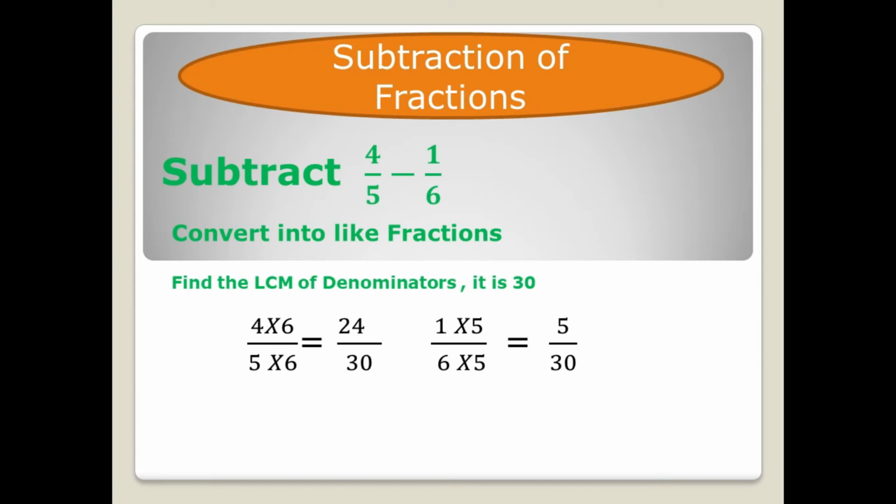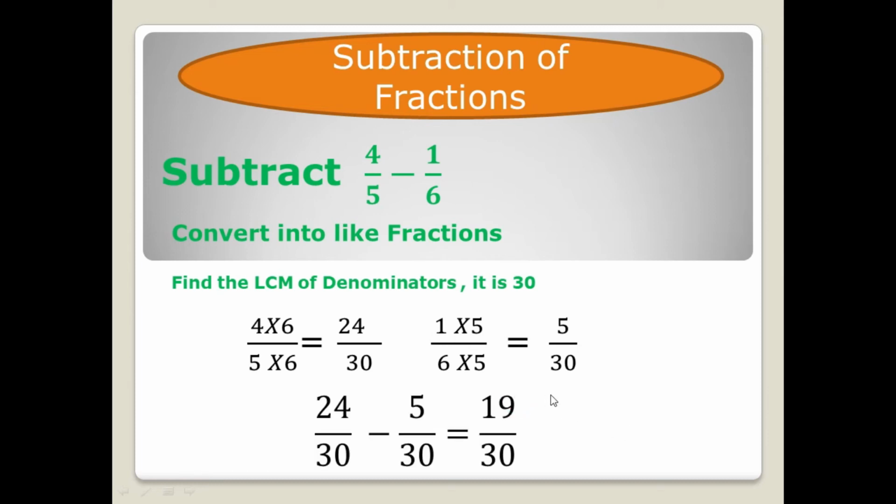Here we have 4 over 5, and we'll multiply 5 with 6 to make it equal to the LCM, that is 30. Similarly, we multiply 4 with 6, it will be 24. As the other figure is 1 over 6, we will multiply 6 with 5 to make it 30, that is the LCM. And once we have multiplied the denominator with 5, we will multiply the numerator with 5 too, it will be 5 over 30.